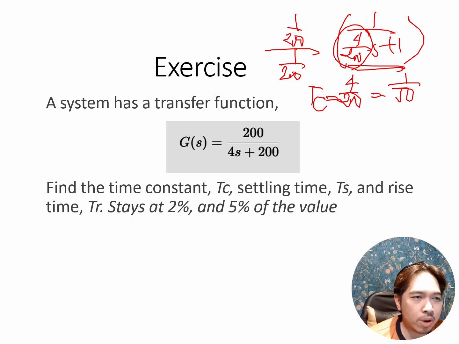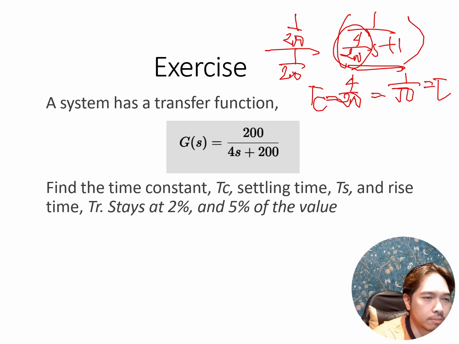So that will be our tau, our time constant for this one. It's just coincidental that tau equals 1 over 50, since 4 over 200 leads to the same answer, 1 over 50.